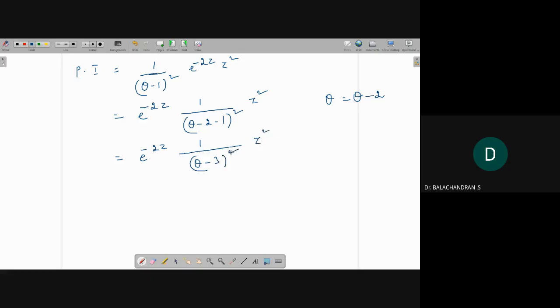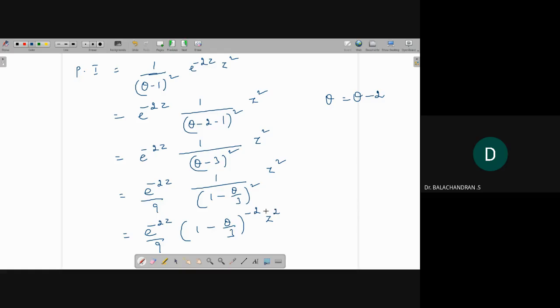So now it is type 3. You should write the denominator in the form of 1 plus x or 1 minus x. So take minus 3 commonly, that is minus 3 square, which gives 9. So it is e power minus 2z by 9, 1 minus theta by 3 whole power minus 2 into z square.